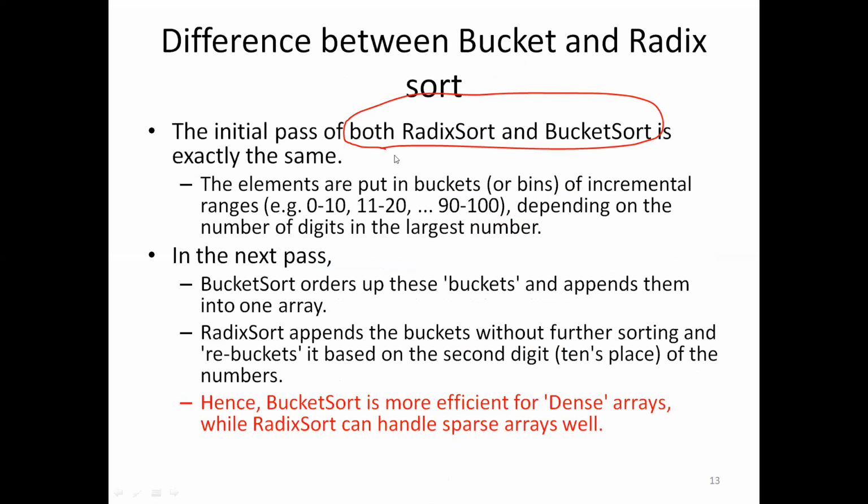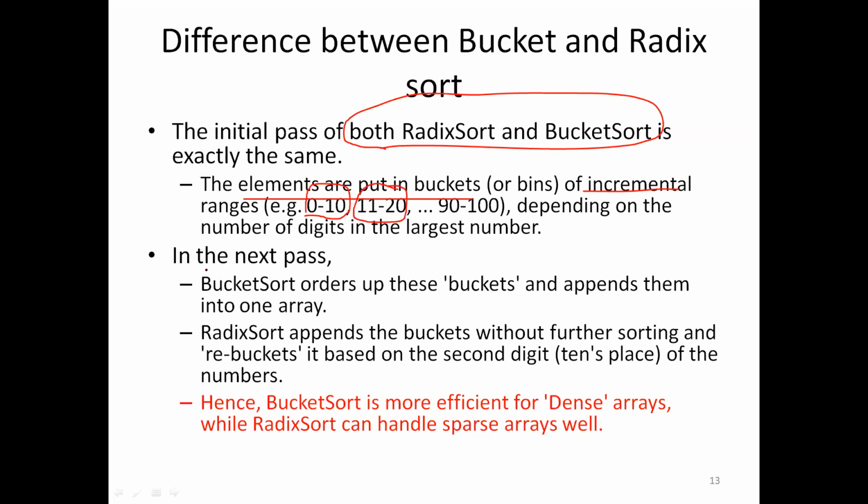In both, the elements are put into buckets, in some incremental fashion. When you take the numbers 0 to 10, the numbers within 0 to 10 are placed in one bucket. Numbers within 11 to 20 are placed in another bucket, like that.